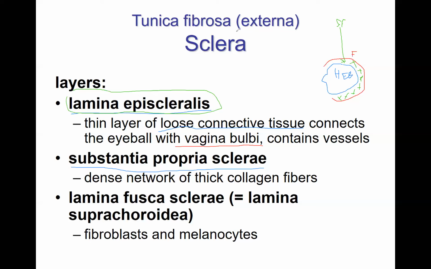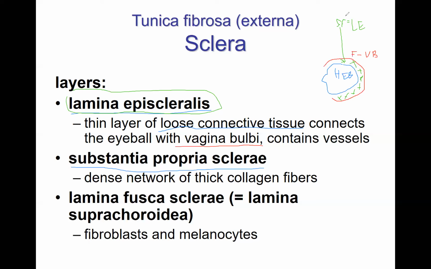Then the sheath or vagina. So vagina bulbi is here. And the layer in between is episcleral lamina. Yeah. Of course, with some interstitial fluid. And it enables you to move the eyeball as a joint. Yeah, it's similar.